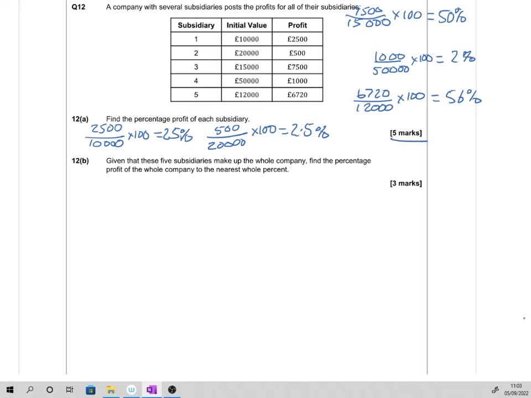What I'm going to do is I could add them up and divide by 5, but that won't work, will it? So I'm going to add all the values.